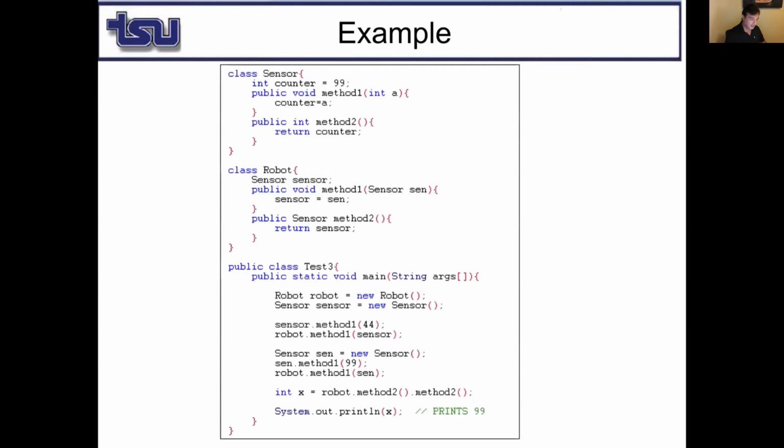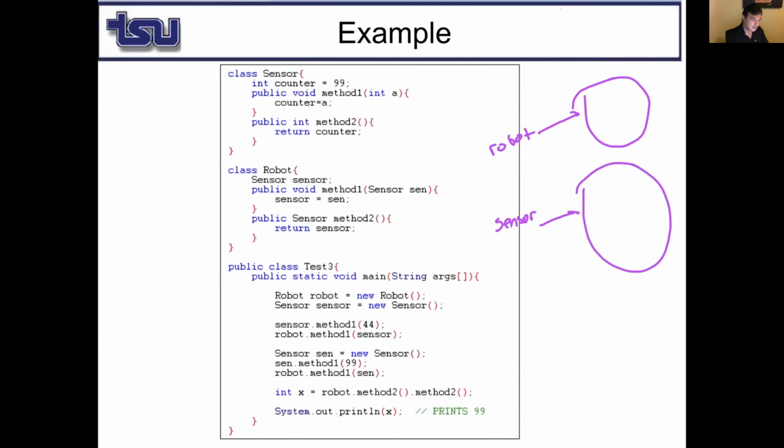Now, almost the same, but I have a little difference. Again, I have robot, I allocated memory space. I have sensor, I allocated memory space, and this sensor is null. Then I make a call to method 1. Initially counter was 99.